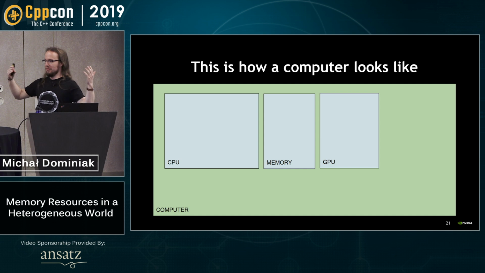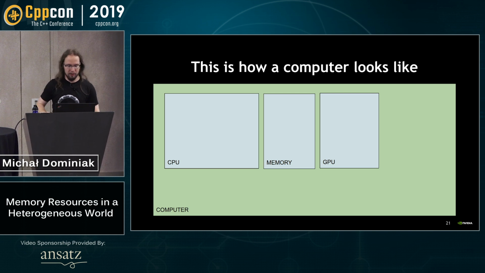But this is a very high-level look of how a computer looks. By the way, I tried to put the interconnects, like PCI or the memory bus, here, but it went even worse than it's just going to be in a few slides. So let's just remember, everything is connected somehow.